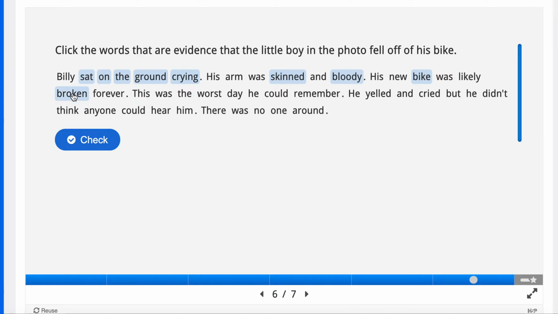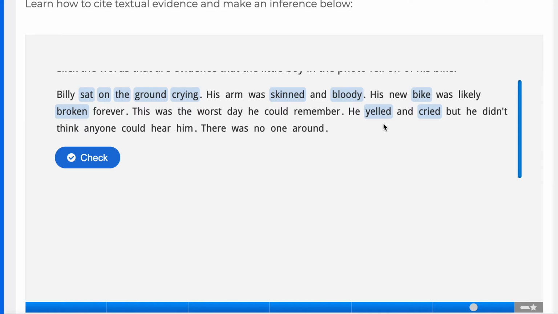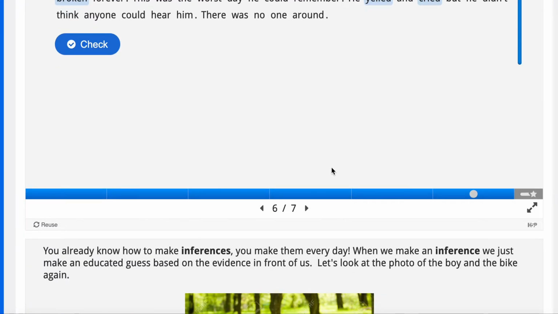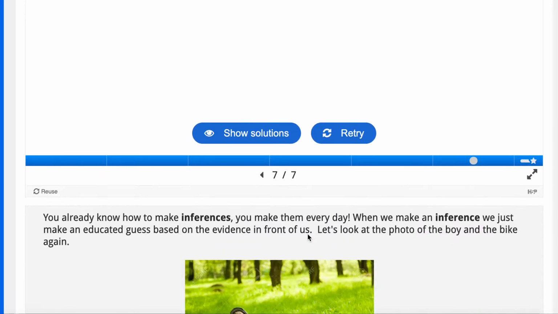This was the worst day he could remember. He yelled and cried, but he didn't think anyone could hear him. There was no one around. So all of these words show us that he probably fell off his bike, right? Well, duh, that's what we see in the picture. It looks very obvious that he fell off of his bike, doesn't it?